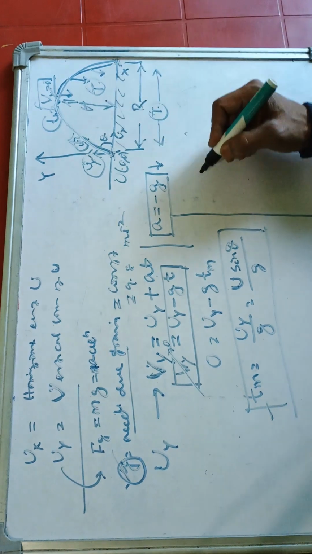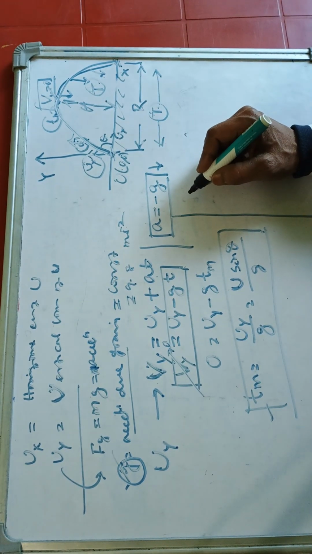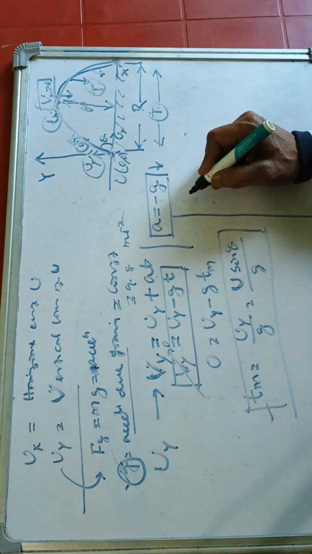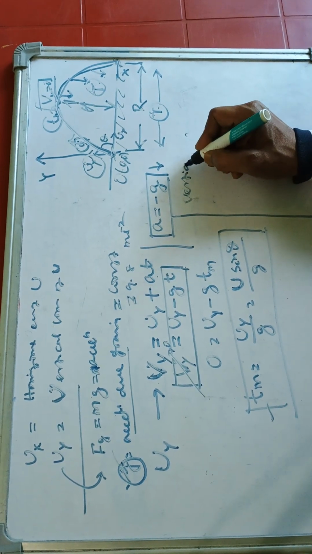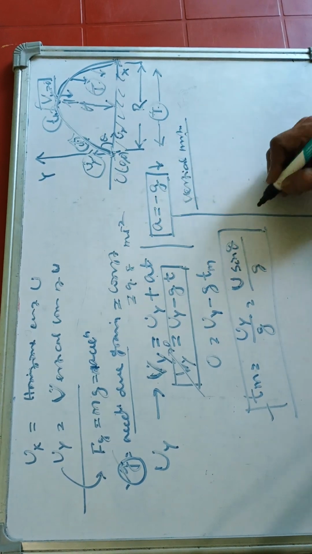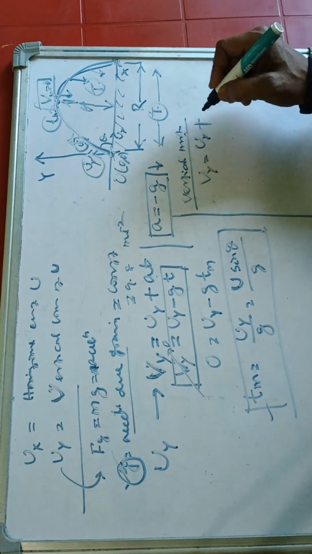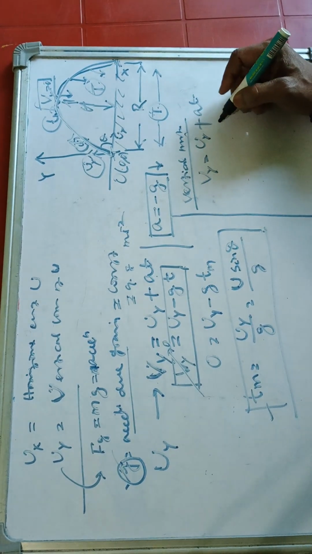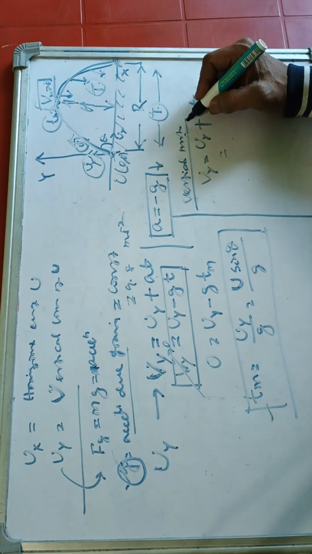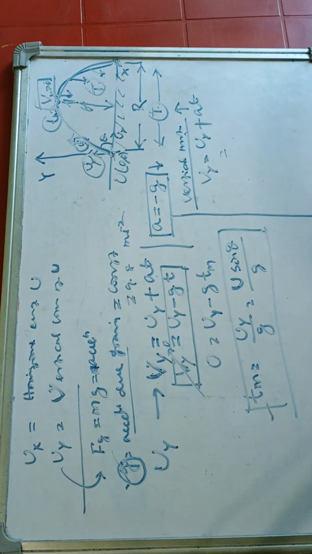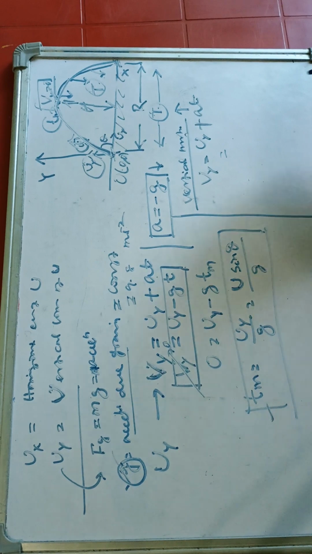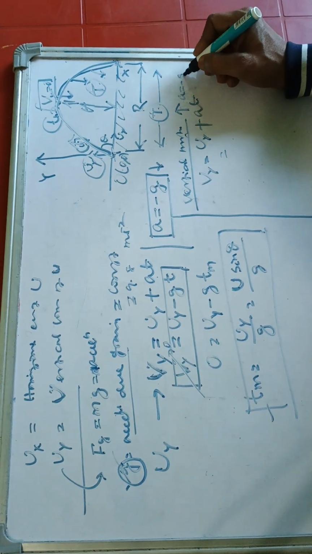At the end of the motion, the net displacement along the vertical plane will be 0. Now considering vertical motion, we have v is equal to u plus at, and if we are considering the object moving in the vertical direction from the ground, a is minus g.